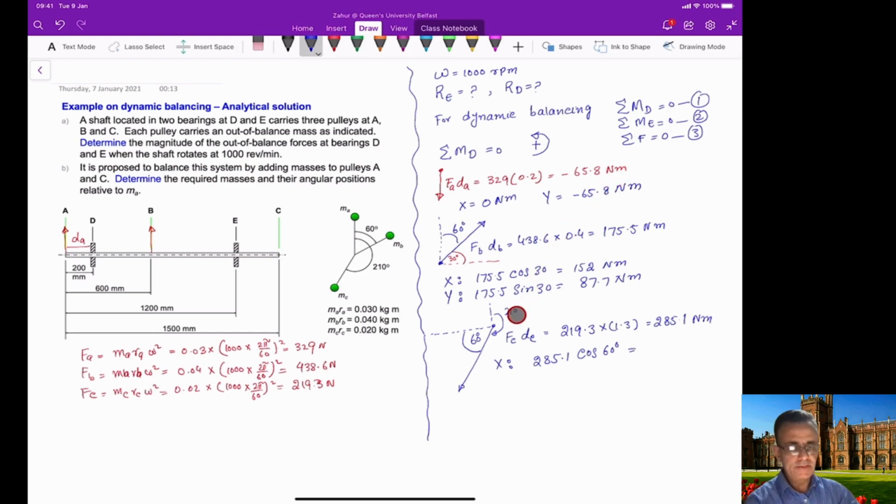But as you can see in this case here, the x component will be in this direction here, and the y component is in this direction here. So obviously it's in this direction, so it's negative, and the y component is also negative. Now for this case, the x component was in this direction and the y component was in this direction, so both were positive, and it is in the opposite direction to this one, so therefore we will take these as negative.